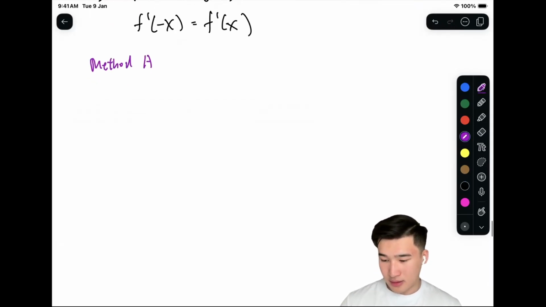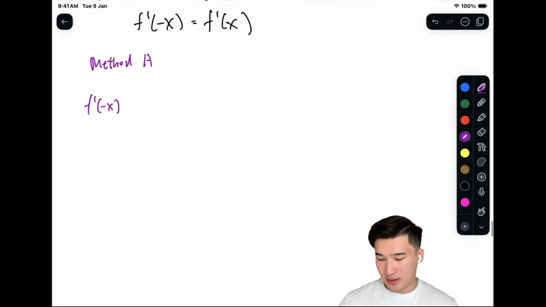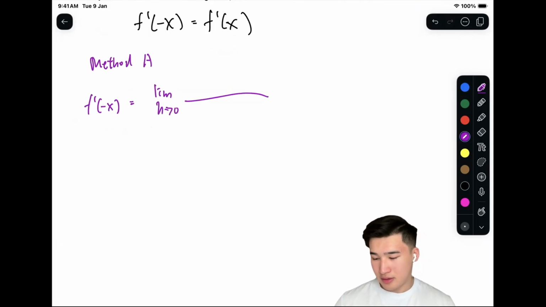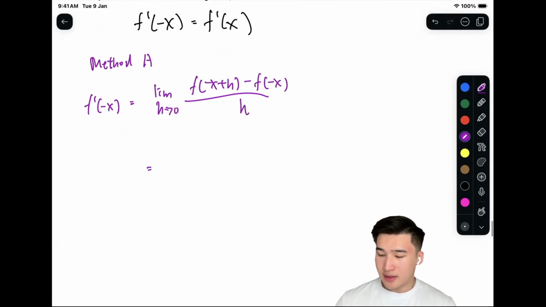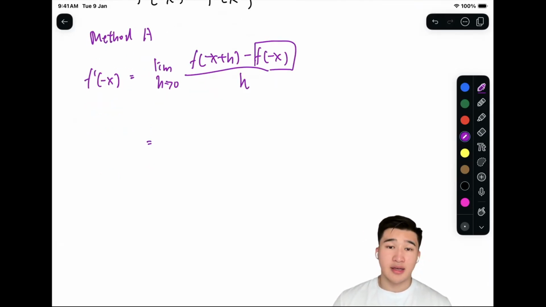we're going to use f prime negative x. Okay, and then again, we're going to use limit h to 0, and then with f of negative x plus h minus f of negative x over h. And so we know that this is going to be an odd function.